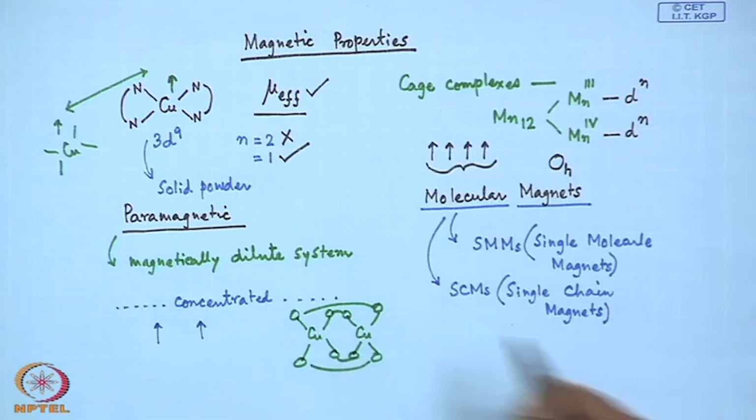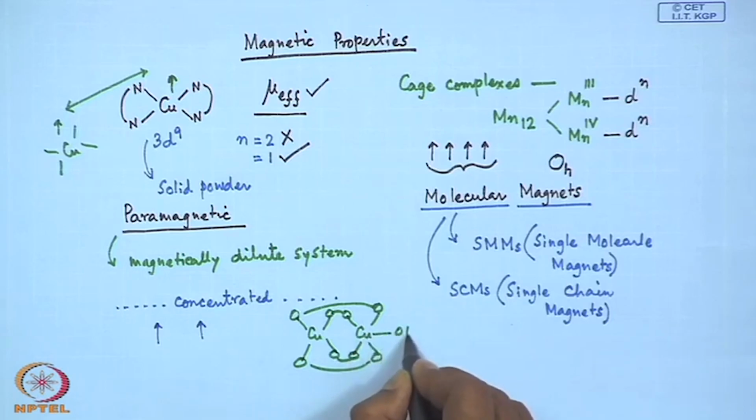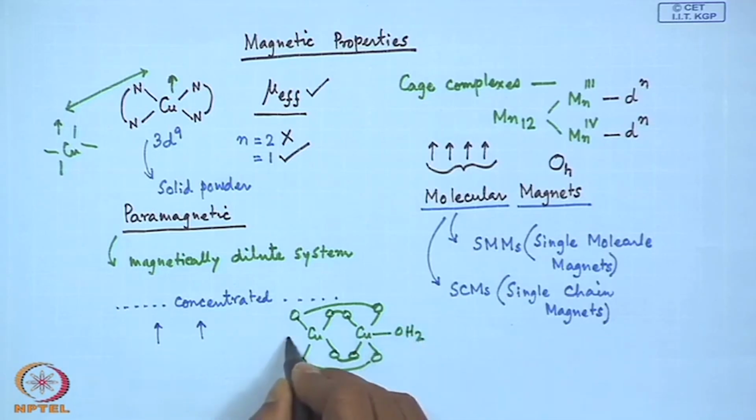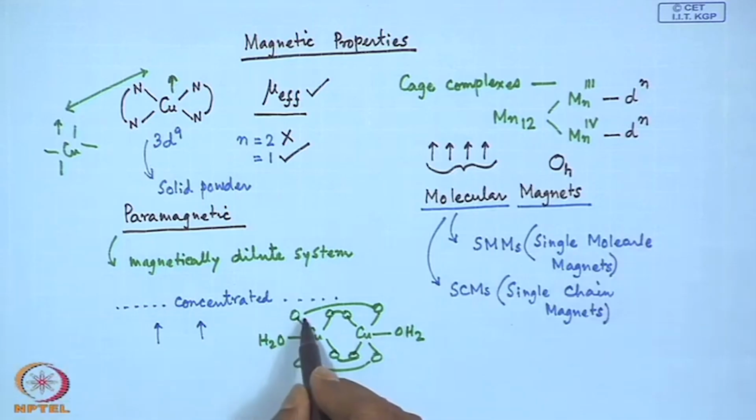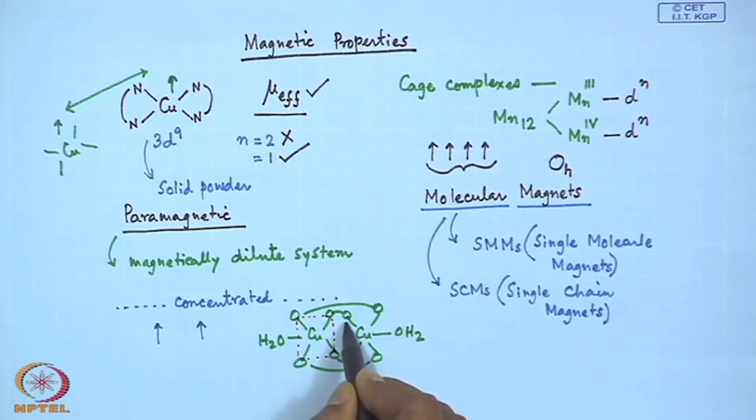So, 4 acetate groups are attaching like this, and the individual copper centers are in square pyramidal geometry. So, this is the corresponding square pyramidal geometry.